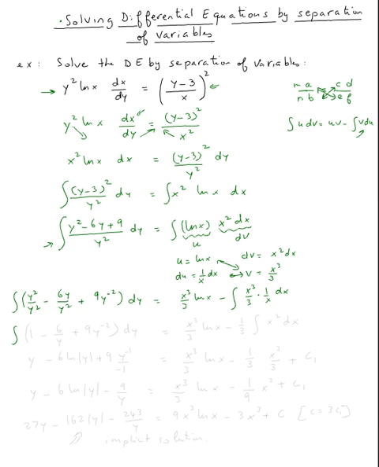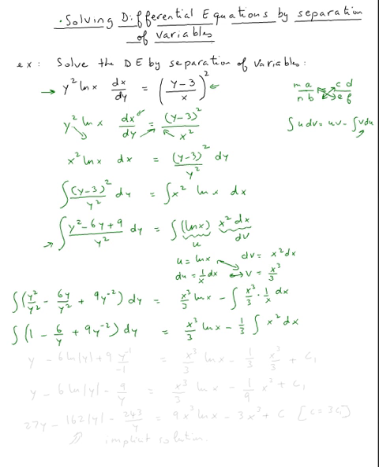Now let's go back to the left side. y squared over y squared is 1. This will be 6 over y plus 9 y to the negative 2 dy. And the right side will be x cubed over 3 ln x minus 1 over 3, and x cubed over x is x squared dx.